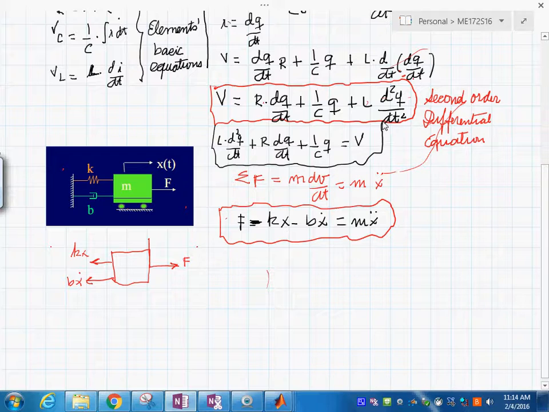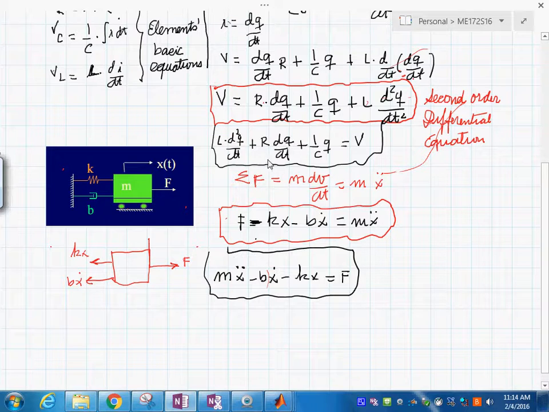See, this other one has also been manipulated, m x double dot, b times x dot, like this, see? And therefore it has this form.